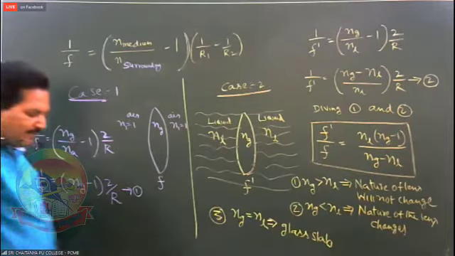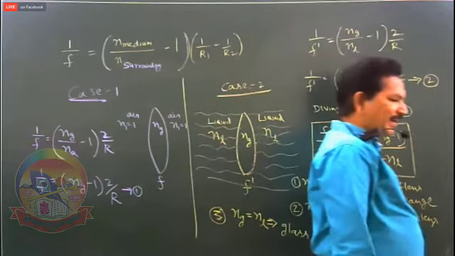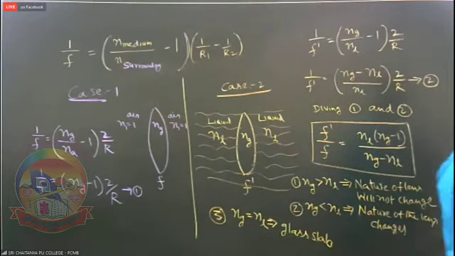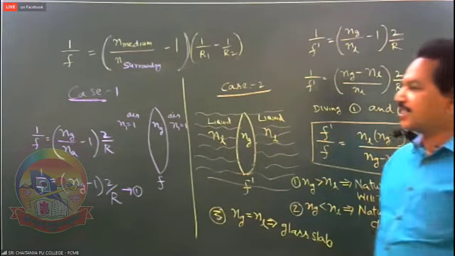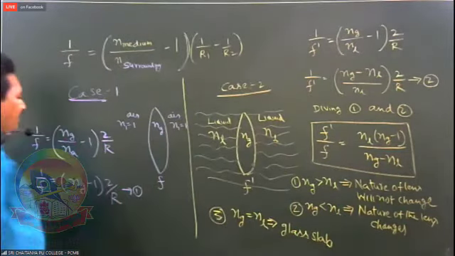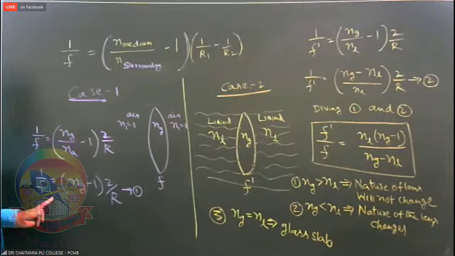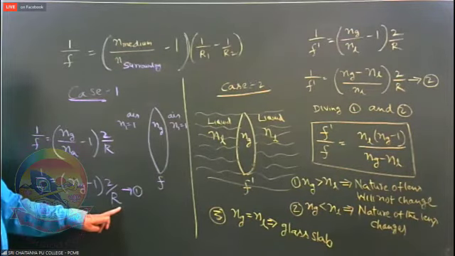The focal length of the given lens when immersed in a liquid. First we calculated the focal length of the given lens when it is in the air column. 1 by F is equal to Ng minus 1 into 2 by R. Equation 1.